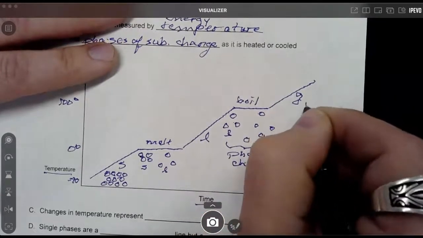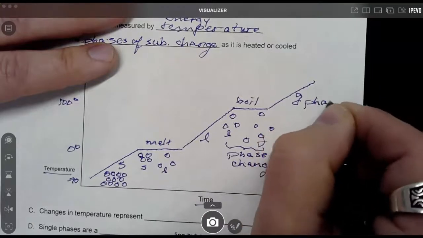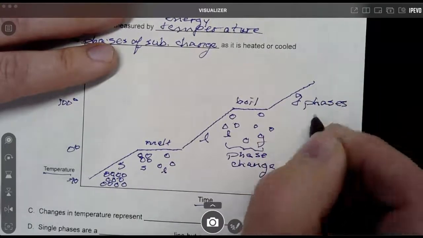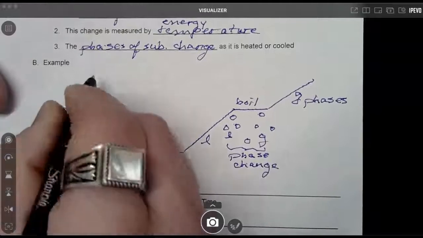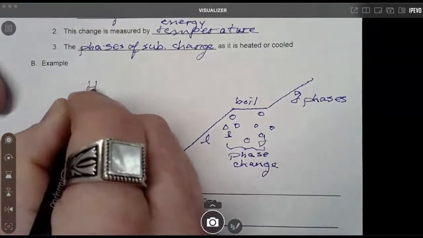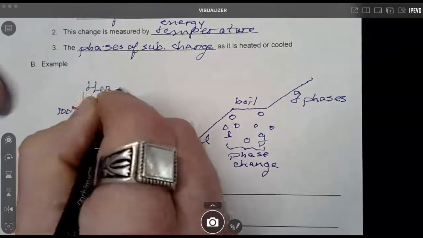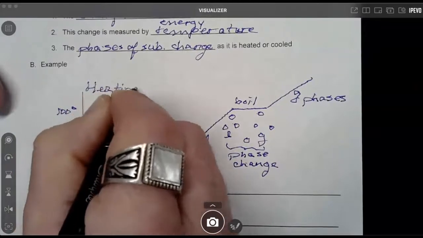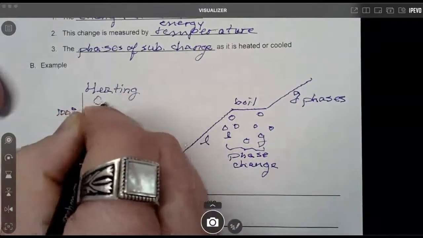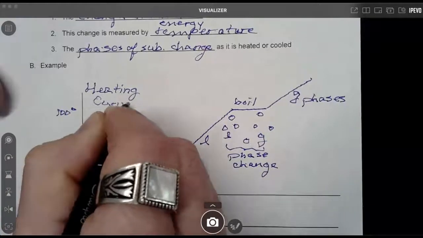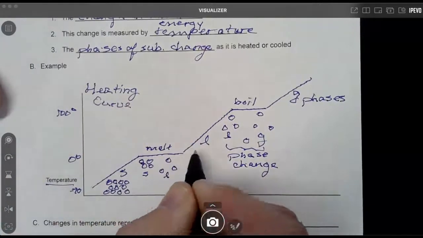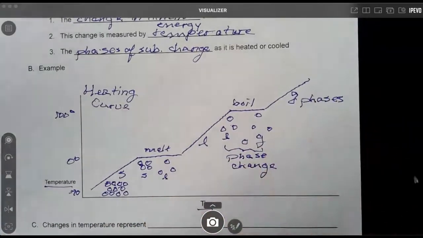These are just phases. So this is an example of a heating curve. And we call it a heating curve because the temperature is actually increasing over the course of the graph.